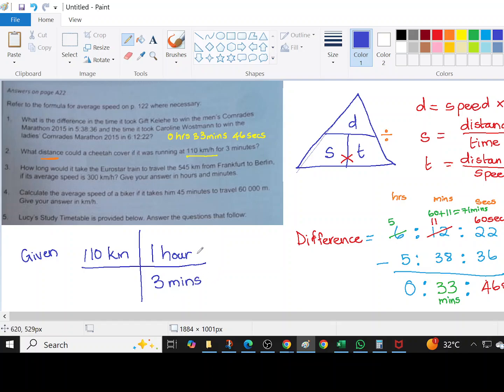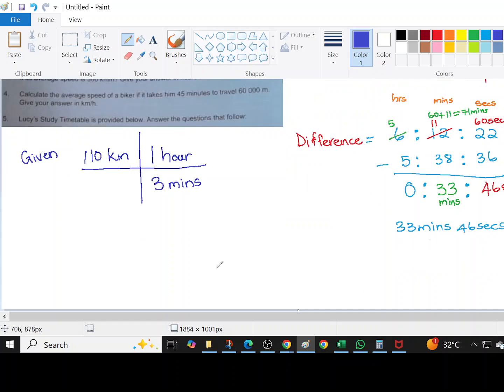But we can't put hours and minutes. We must put hours and hours or minutes and minutes. So what would you rewrite this as? To either bring this to minutes or that to hours. So 110 kilometers is therefore equal to how many minutes or how many hours.